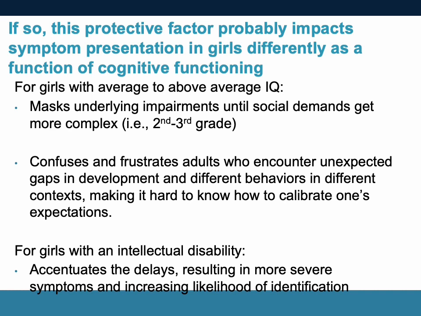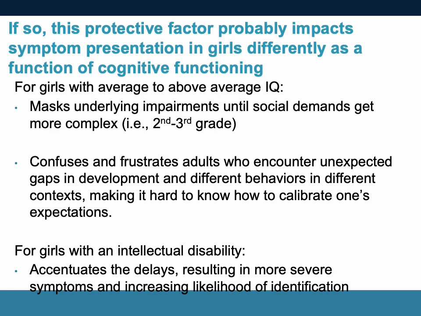If they have enough problems to overwhelm the female protective effect, the idea is that those problems could be increasingly severe and thus increase the likelihood that we identify girls with ASD when there is a cognitive deficit present.